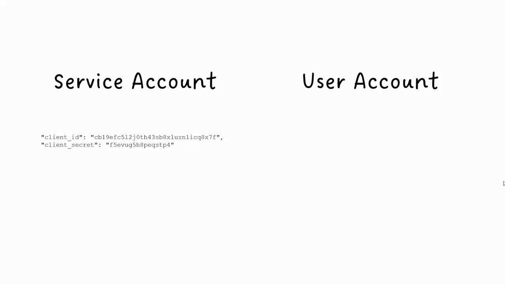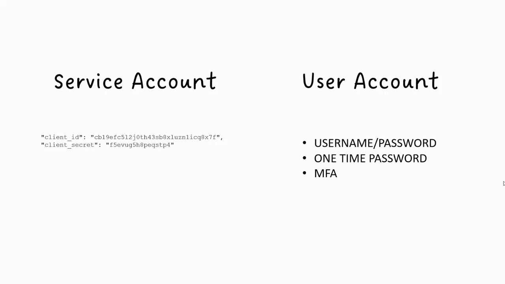The service account has a problem. Its problem is that it really only has one way to authenticate, which is by using that client ID and secret, which looks really fancy and programmatic and hard to do anything with, but it's pretty much just a username and password that's hard for a human being to glance at and remember. Whereas a user can use a username and password or an OTP code that gets sent to them, or some other form of multi-factor authorization, or even biometrics like a thumbprint.